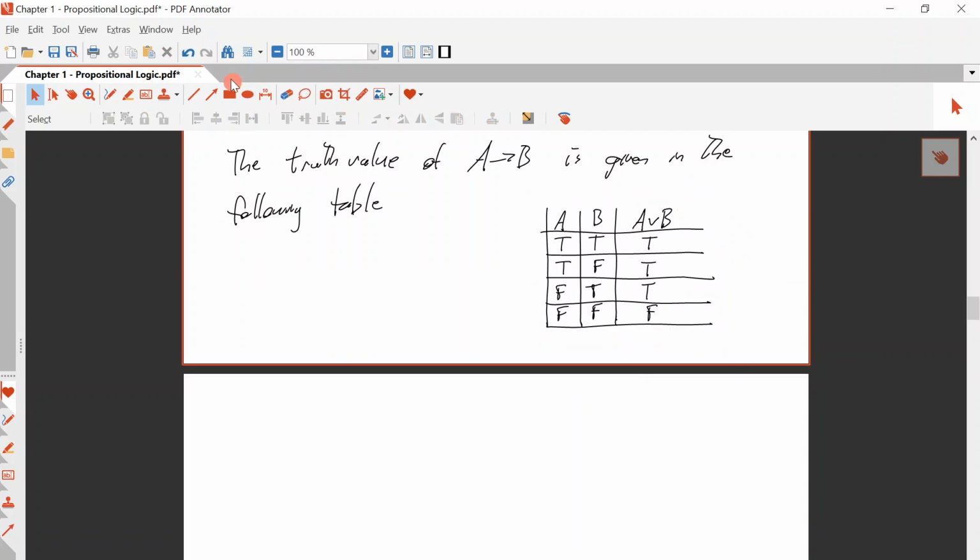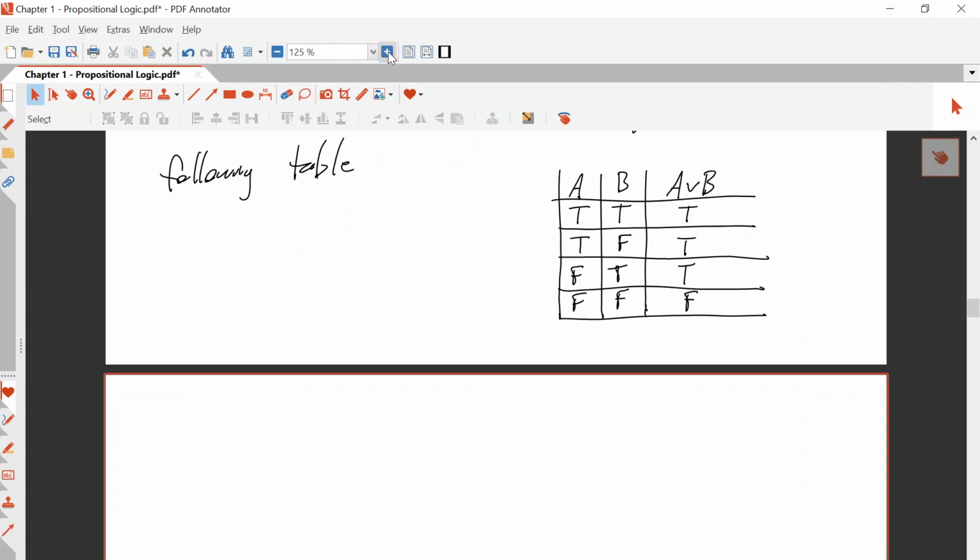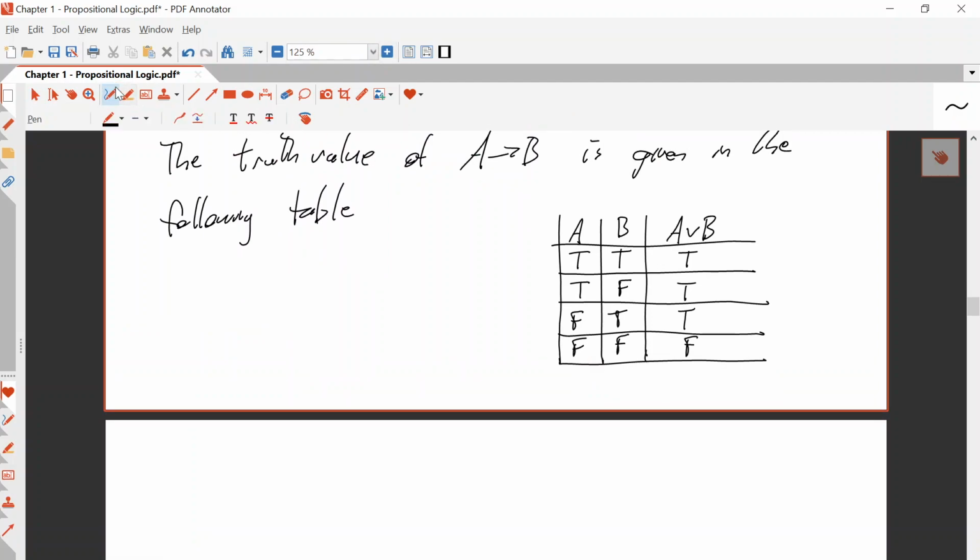All right. So when A is true and B is true, this is true. When A is true and B is false, the implication is false. And then when A is false, it doesn't matter what's going on with B, the implication is true.